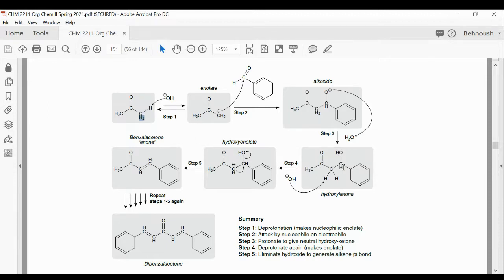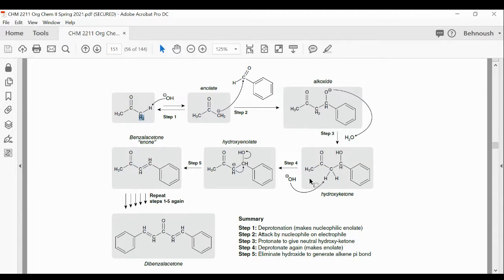And as you go further, you use the Greek letters: alpha, beta, gamma. The closest one, adjacent to the carbonyl group, is called alpha, then the next one is beta, then gamma. So on the beta carbon, you have an OH group. So this is a beta hydroxy ketone, which will go through dehydration.